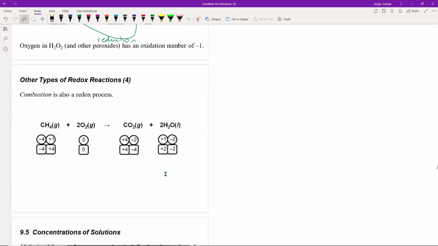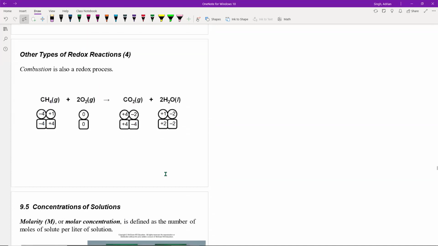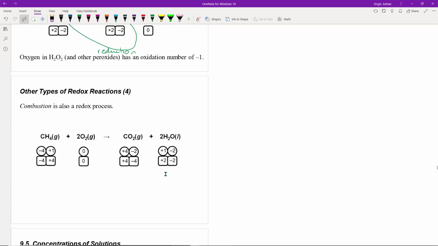The last type of reaction that also involves reduction oxidation processes is a combustion reaction. Remember, combustion is typically where you have a compound reacting with oxygen to produce carbon dioxide and water. So for instance, we'll just choose a couple of these to illustrate our point. Let's take a look at the oxygen.